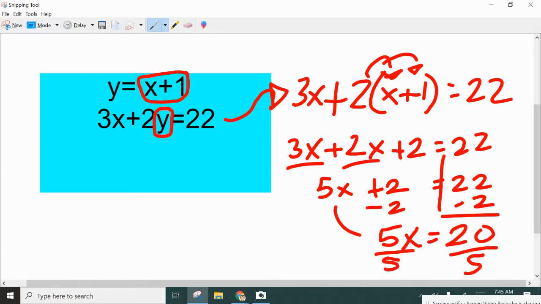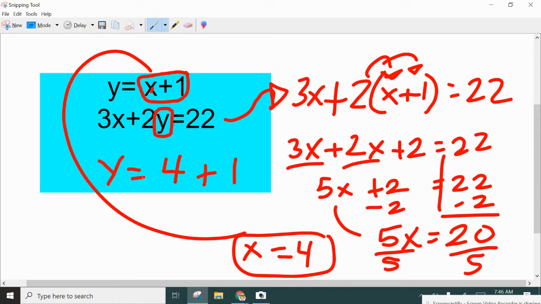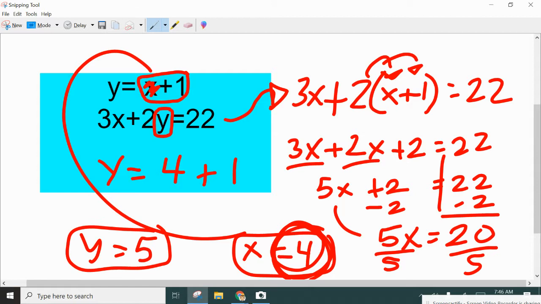Divide 5. X equals 4. Okay, easy peasy. Super simple, just do it in your head. If you plug in x here, 4 plus 1, that's what you did when you plugged it in. You crossed out x because you know what x is. X is 4, so we plugged it in. 4 plus 1, y equals 5. 4 plus 1 is 5.